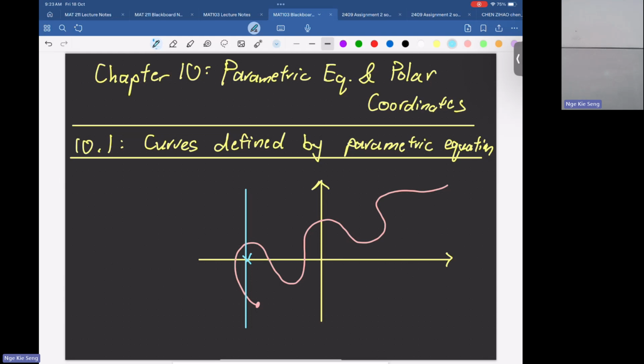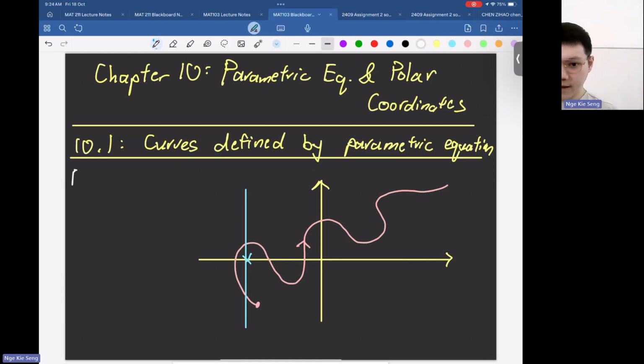By doing this, we introduce an orientation on this curve, so we know where to start first and then where to end. Orientation means which way you go first and then which way. Can you see that there are two orientations here? You can either go to the right or to the left.